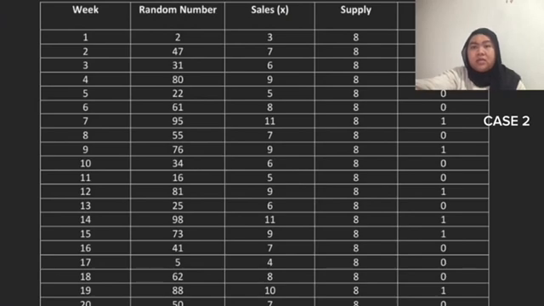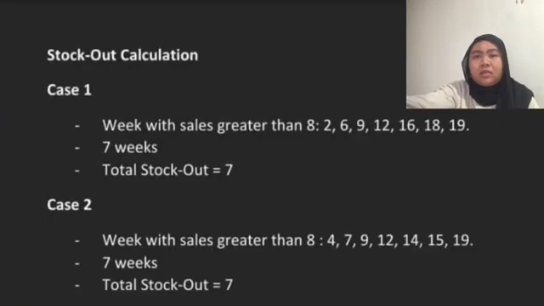For instance, in week 4, a random number of 18 led to sales of 9, causing a stockout. In week 10, a random number of 34 led to sales of 6, which was within supply, so no stockout occurred.